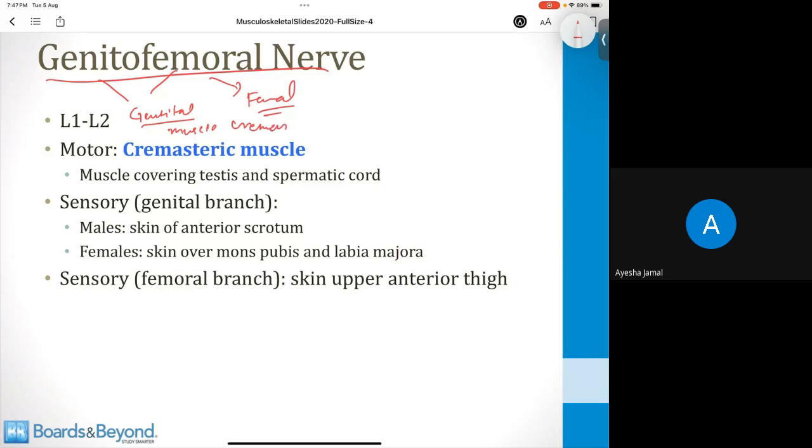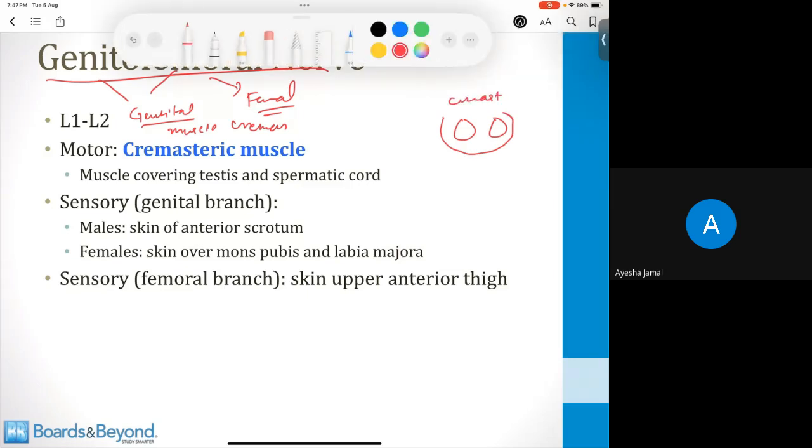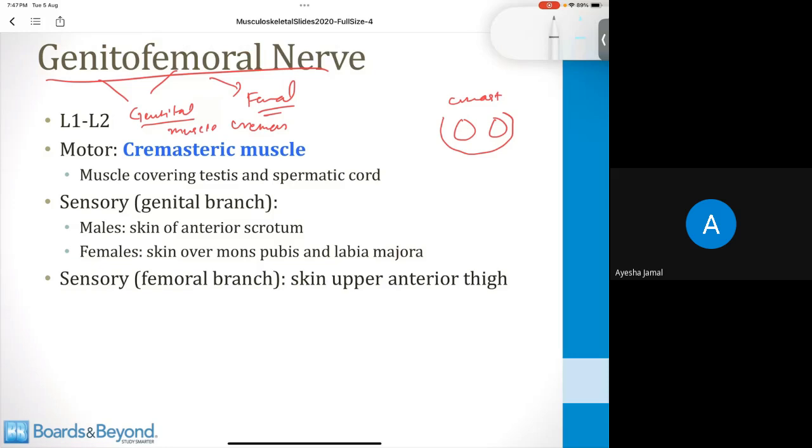What is the cremasteric muscle? Just around the testicles, we have a muscle called the cremasteric muscle, whose activity is seen in a reflex known as the cremasteric reflex. What is the cremasteric reflex? If we tap or stimulate the thigh of an individual, we get an ipsilateral rise of the testicle due to contraction of the cremasteric muscle.